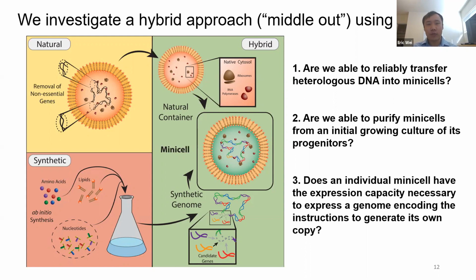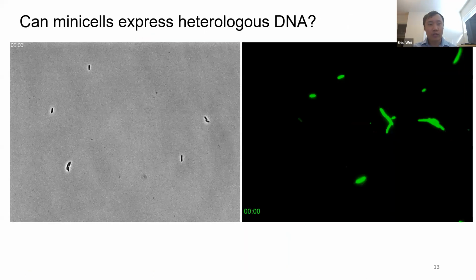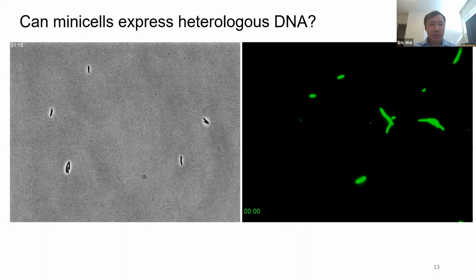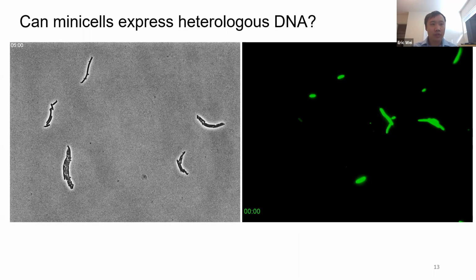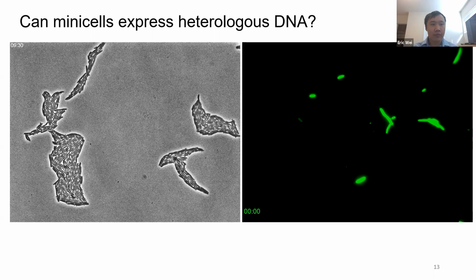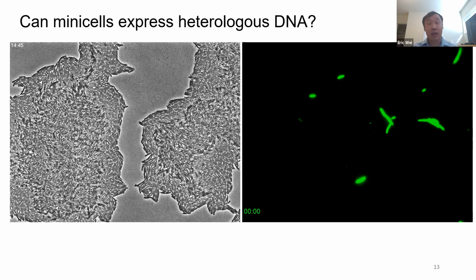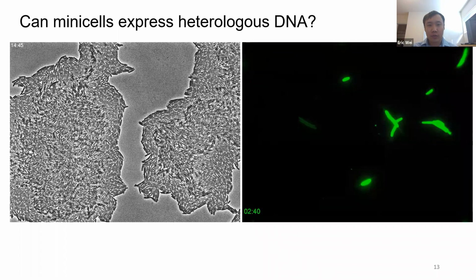When we received the mini cell strains, you see growth here under our microscopy setup. The first thing we did was transfer a GFP plasmid into the progenitor cells of the mini cell producing strain.